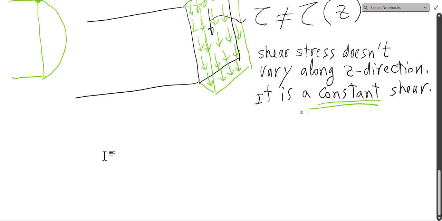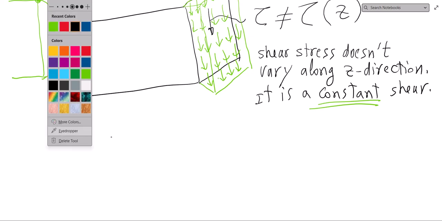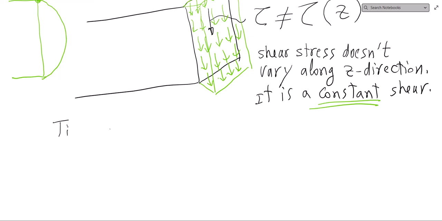Now, in order to recover that, there is a K factor, a famous K factor, the Timoshenko K factor. This K factor comes and gets multiplied by the shear stress.